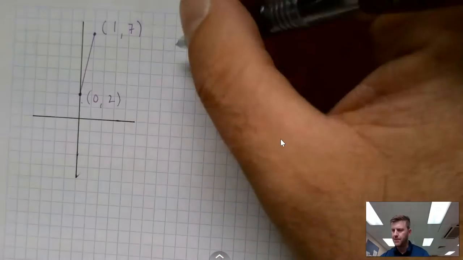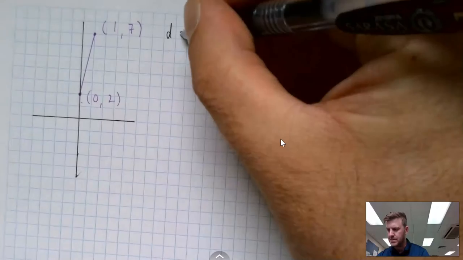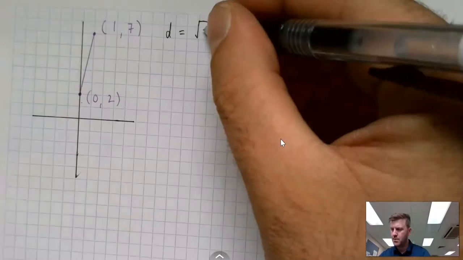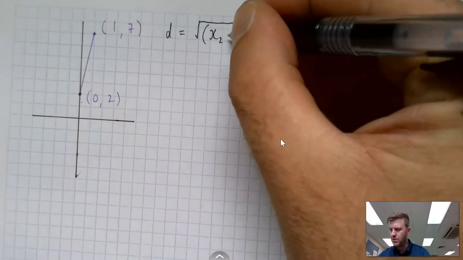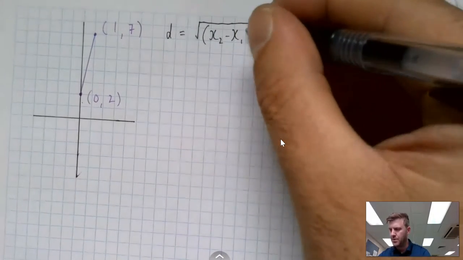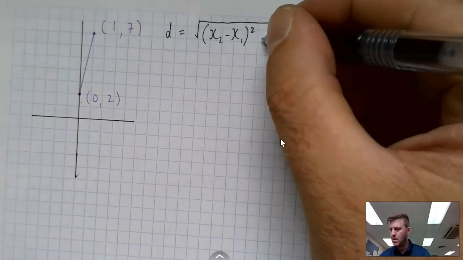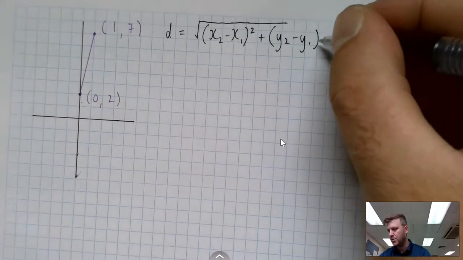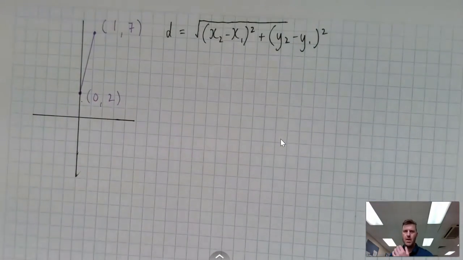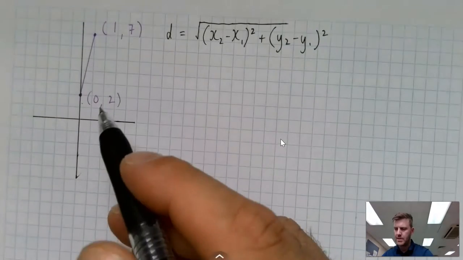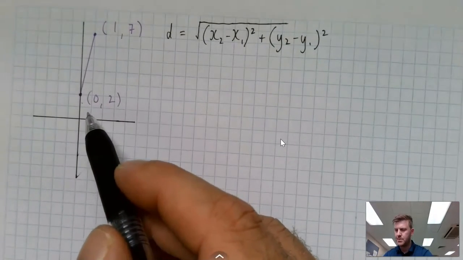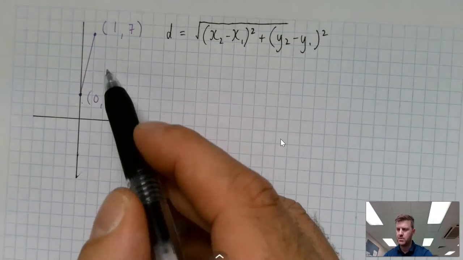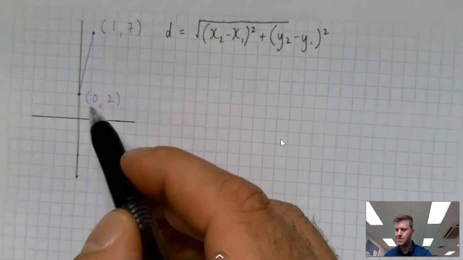So again, that formula is distance is equal to square root of x2 value minus the x1 value, all squared, plus y2 value minus the y1 value, again, all squared. Looking at this line segment, I've got 2 points, 0,2 and 1,7. We know that the first number in each coordinate is the x value.